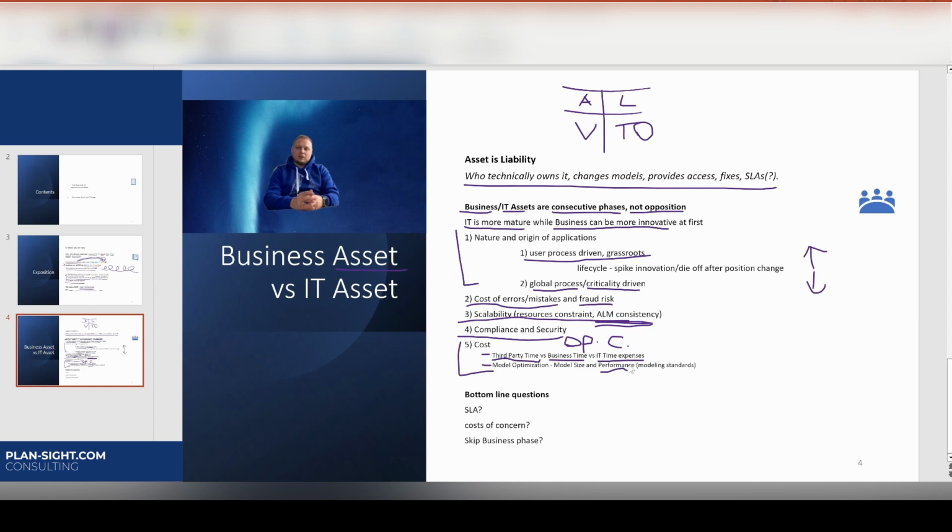So the cloud space usually is the consequence of not having proper resources doing the development. This is one of the reasons why you might want to consider, okay, business guys have done some kind of proof of concept or built something on their own.